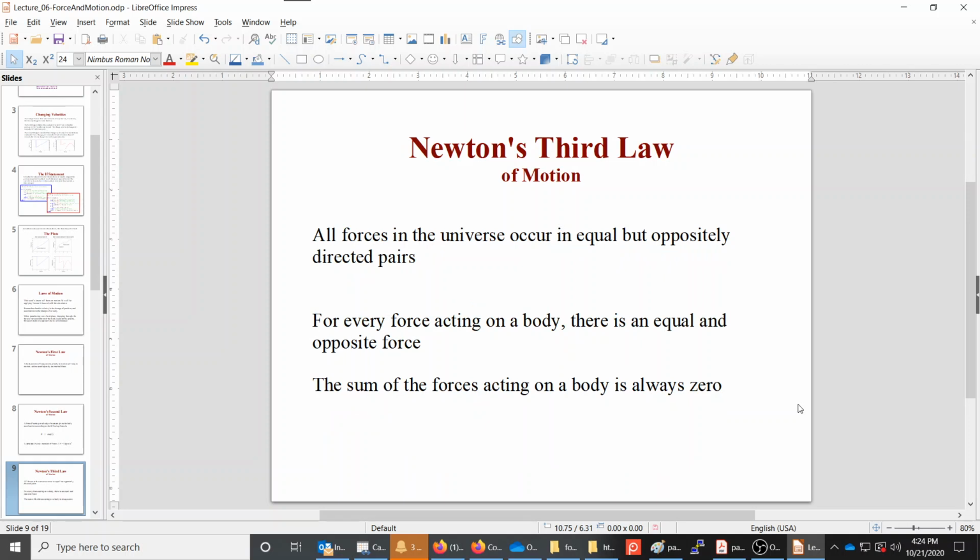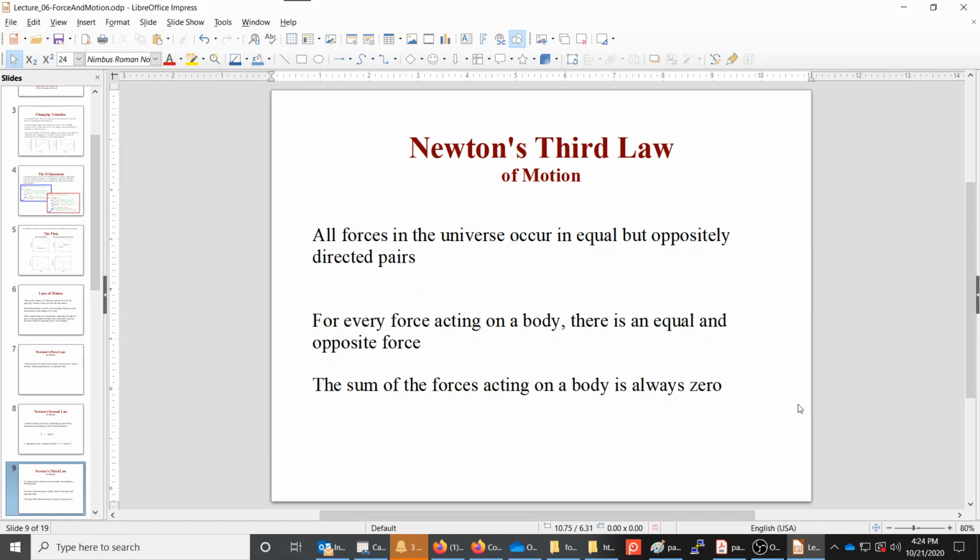All right, and now we're to Newton's third law of motion, which says that all forces occur in equal but opposite directed pairs. So the reason we're not falling through the floor that we're standing on, even though gravity's pulling us down, so we're not moving.